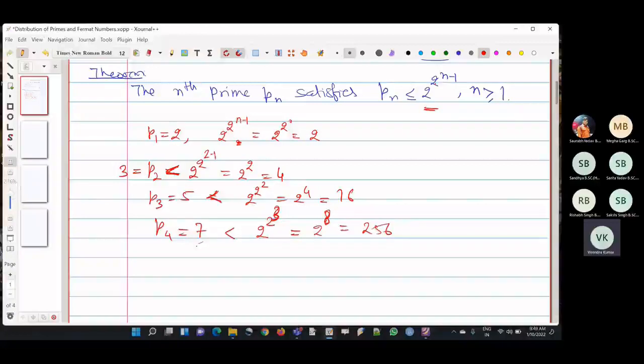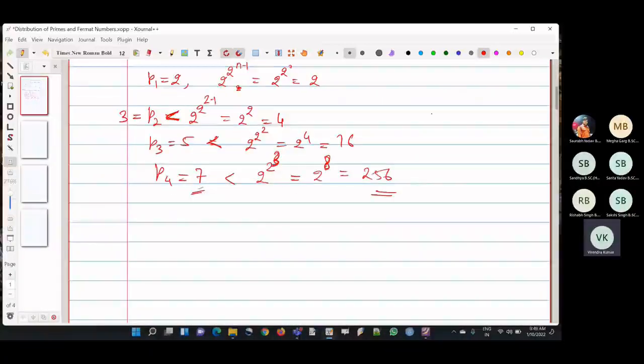So now see, here is 7 and here is 256. There is a huge difference between pk and this value, or pn and this value. So this is not a very good estimation.